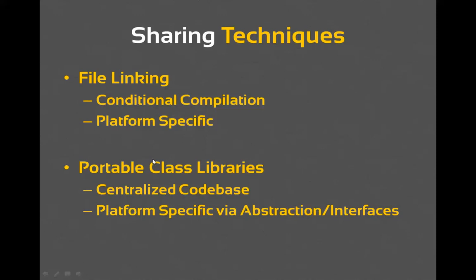Portable class libraries can hit many targets, mainly Silverlight, Xamarin.iOS, Xamarin.Android, Windows Phone, Windows Store, and the Xbox 360. And you implement all those platform-specific features via abstraction and interfaces, like I said. So you would make a generic method, and then you'll implement it on each platform however you want it to work.